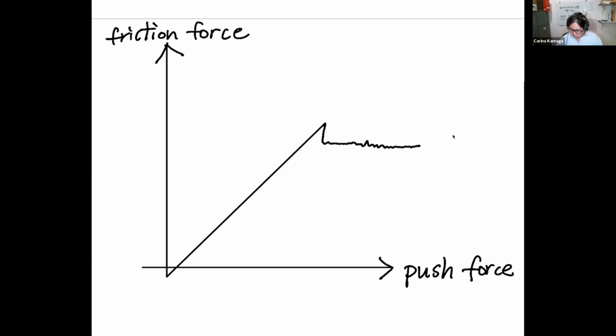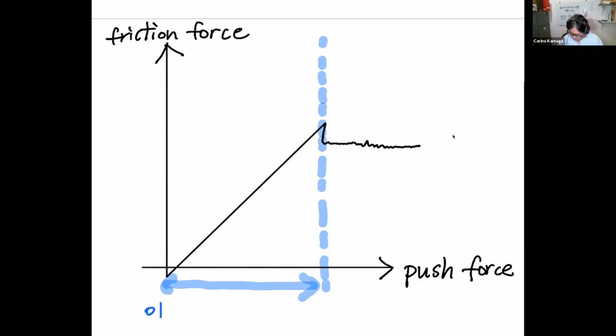So in this graph, from here to here, the object is at rest. You increase the push force harder and harder. Friction force is there to resist it, and the object doesn't move.